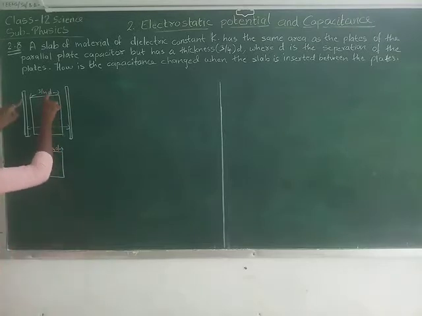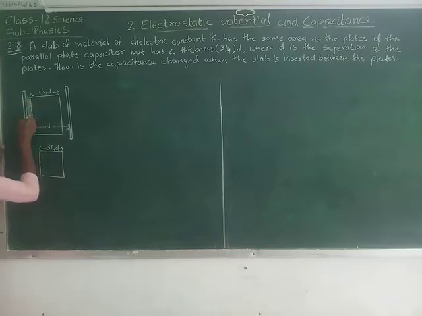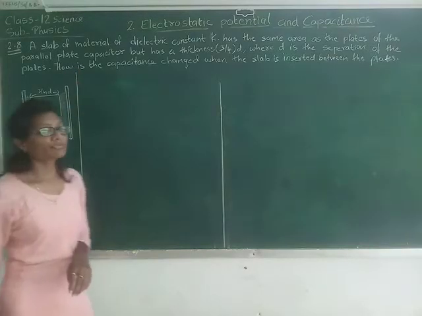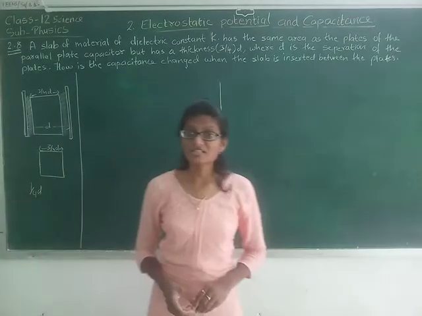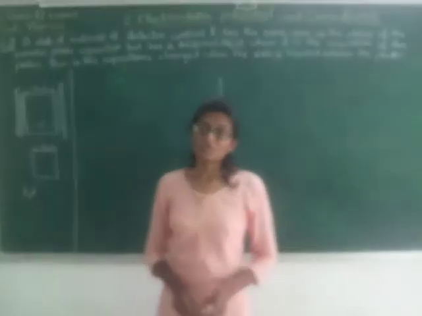The whole distance between the two plates is d. So the remaining gap between the two is considered as 1/4 d. Now we need to find the capacitance when this material is inserted between the plates of the capacitor.